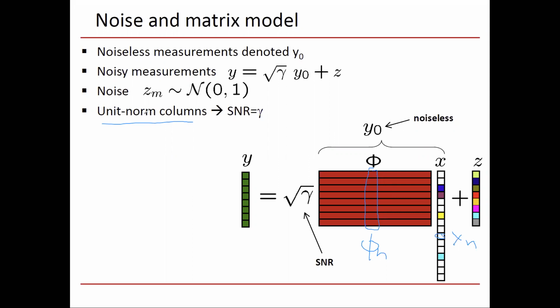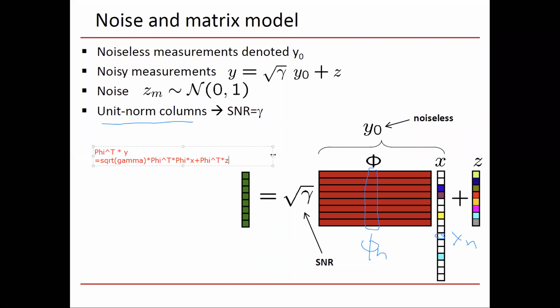That's one possibility. Under this assumption, basically we can multiply this construction by Phi transpose. Let's think what we're going to have here. Phi transpose times y is equal to the square root of gamma, which is a scalar, so we can put the Phi transpose inside the parentheses, times Phi transpose times Phi times x, plus Phi transpose times z.